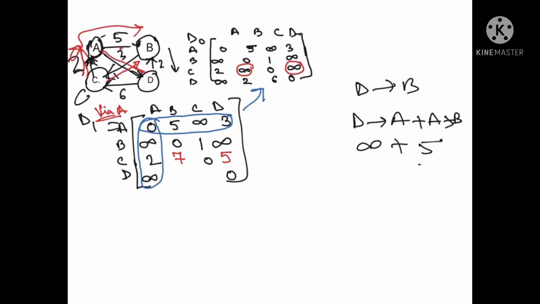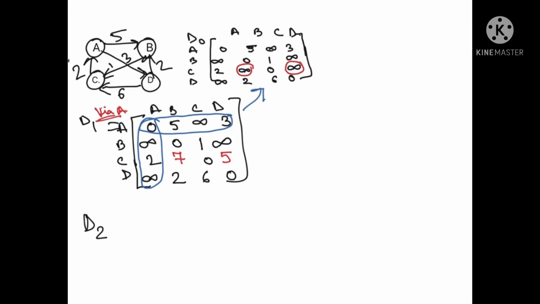So obviously 5 and 2 if you see, so 2 here remains the same, and obviously D to C also, D to C is already written 6. Okay. So this is how your first distance matrix is made. Correct? Easy? Which is D2. And in this D2, we will go via B. Now B is your main port.